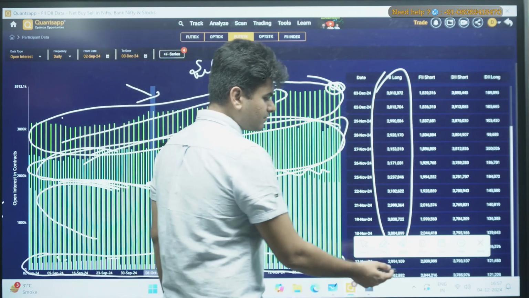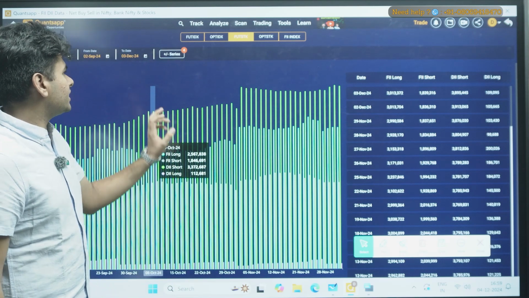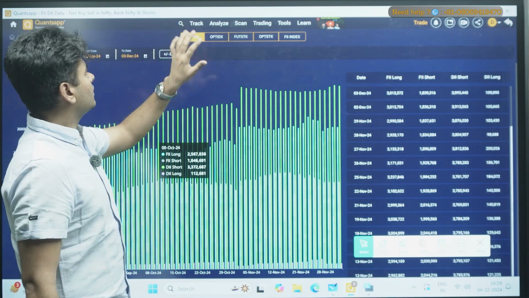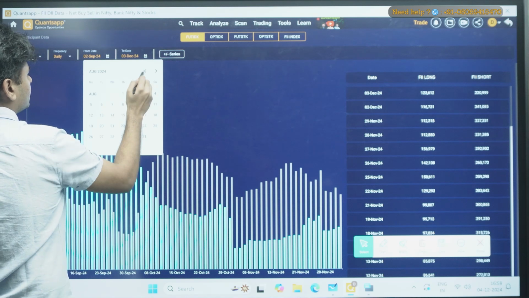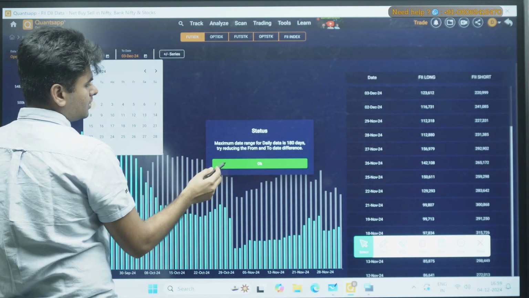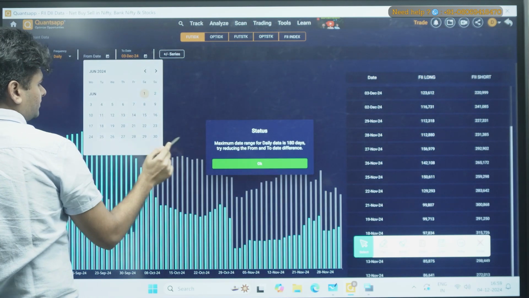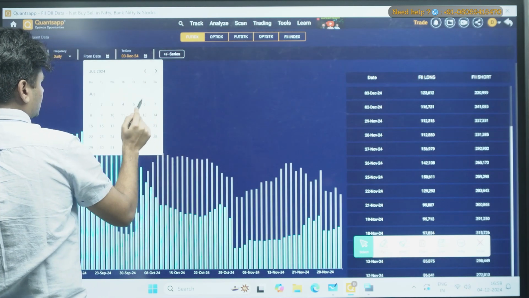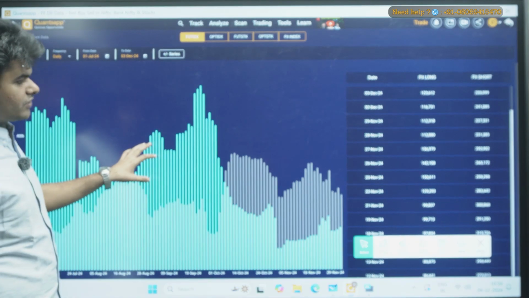Now if we just take up the chart of Nifty, you can get an idea basically if we just take the futures data, okay. We'll take, let's just say from April, so we'll just take the last 6 months data. You can see the past 6 months data.